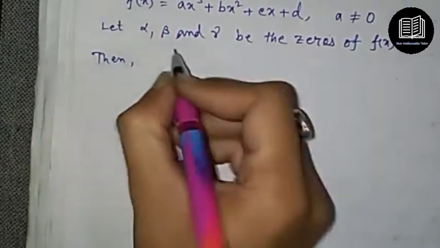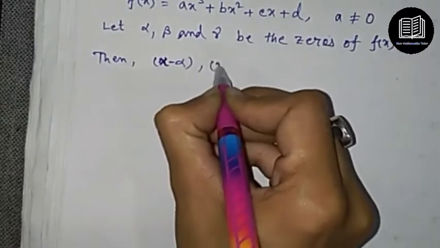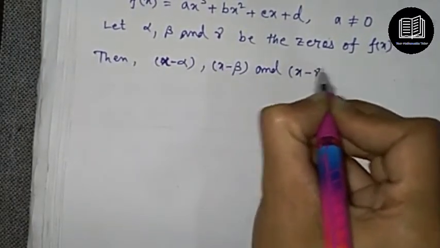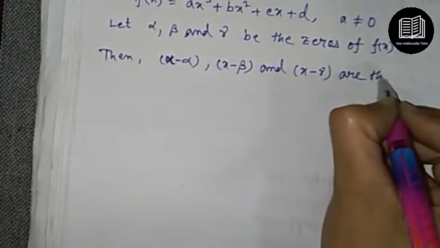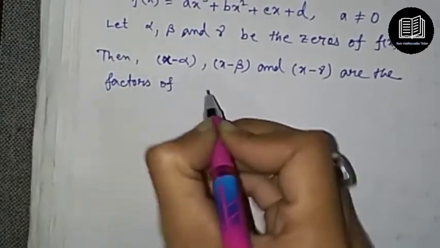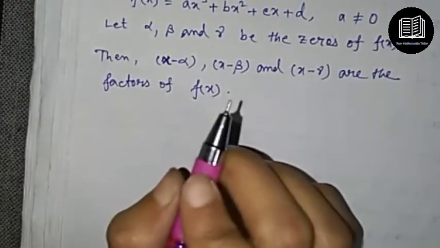That is, x minus alpha, x minus beta and x minus gamma are the factors of f(x). Clear everyone?